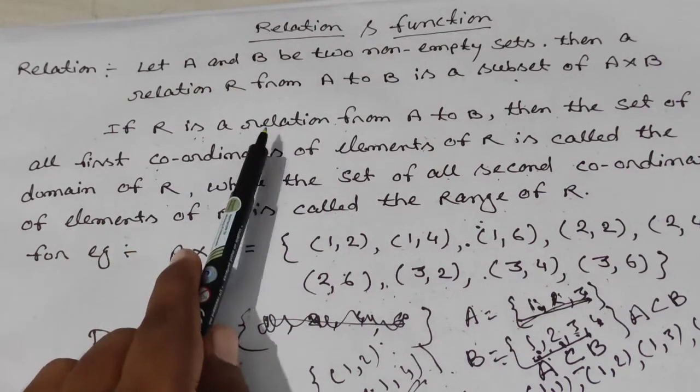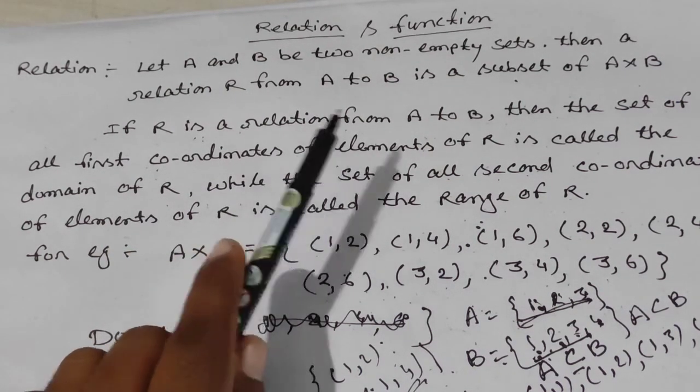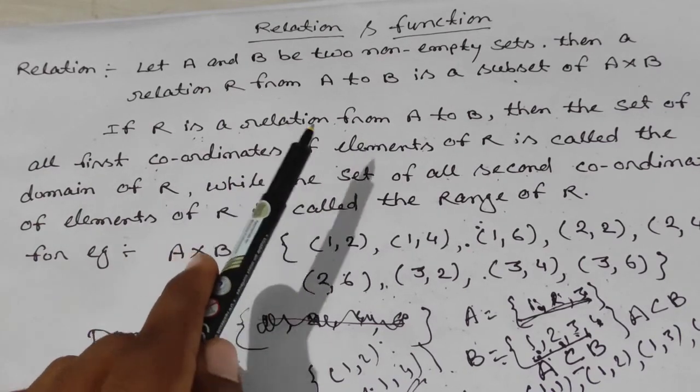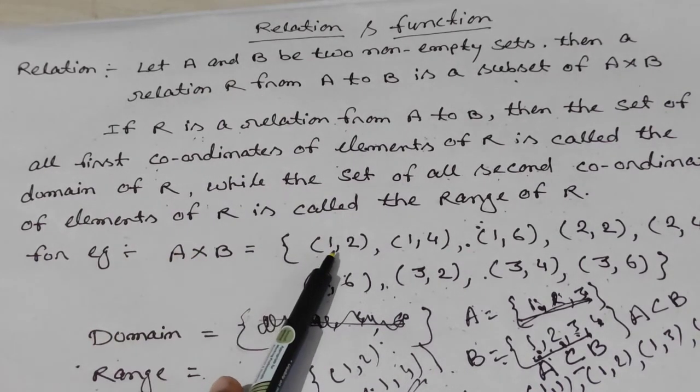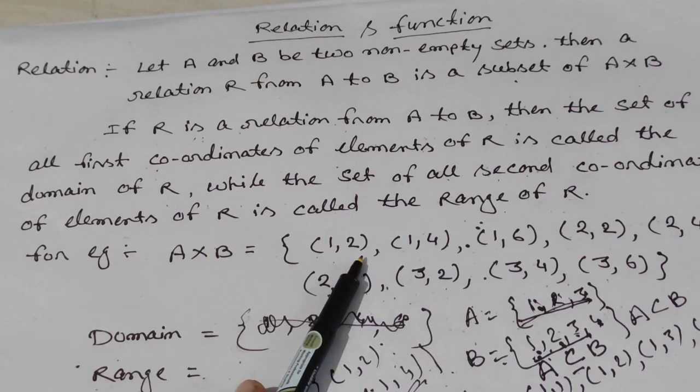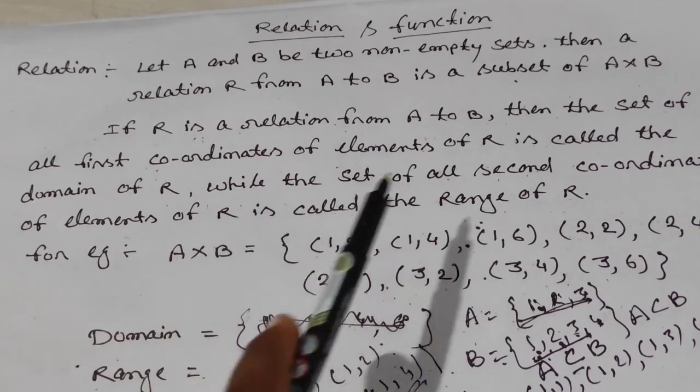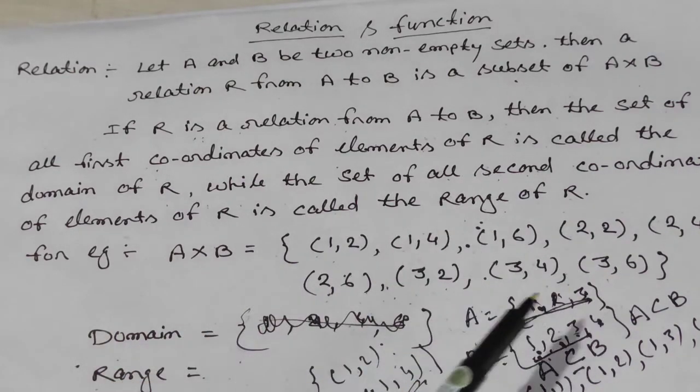Then we say that a relation from A to B is a subset of A into B, and in that case the first elements, from the set A, are called the domain and the second elements, from the set B, are called the range. So it is very important to know what is domain and range. Suppose A Cartesian product B is this one, then what is the domain in this case?